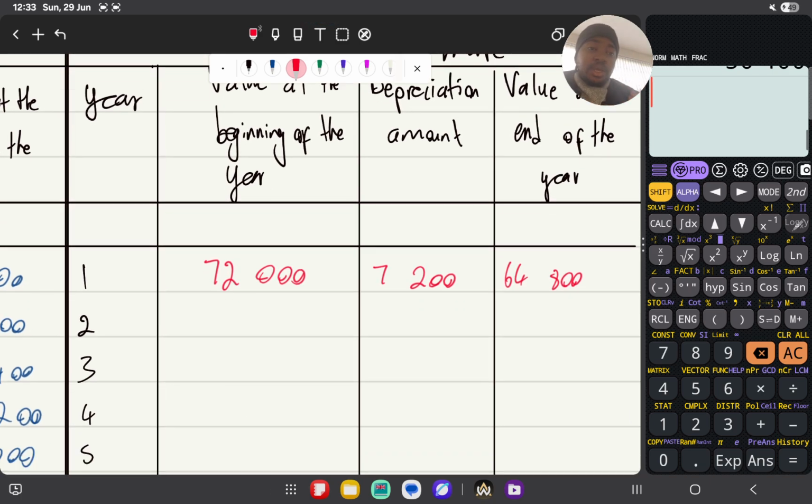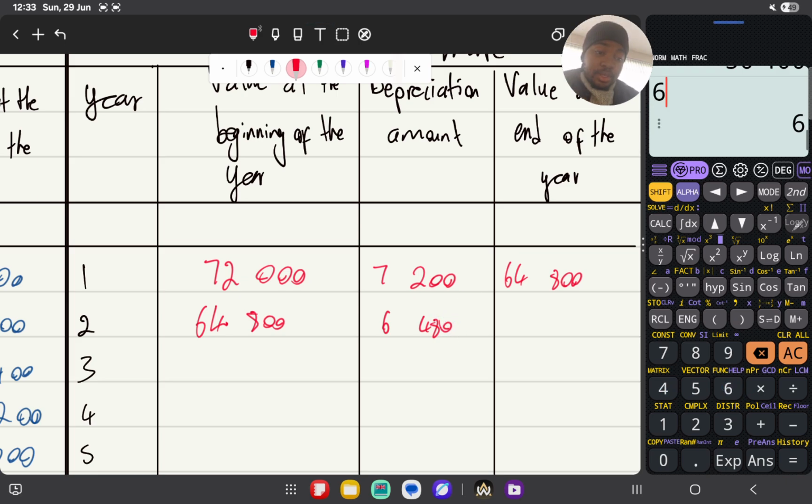Now, at the beginning of the year, the value of the car is worth 64,800. Now we calculate the depreciation amount, which is 10% of this amount we have. So 10% of this is going to be 6,480.